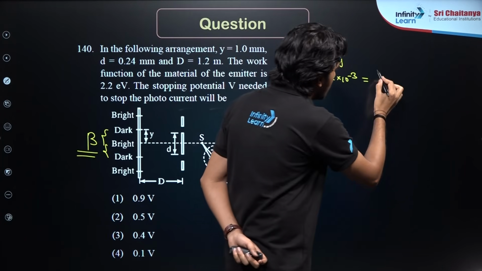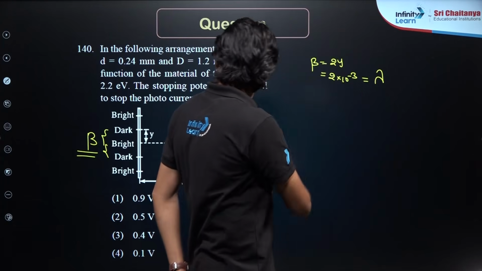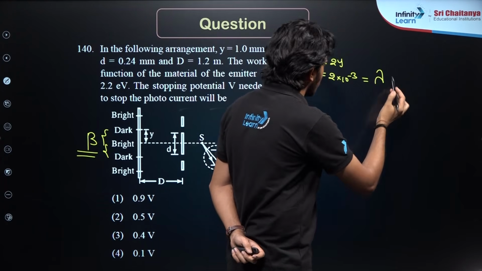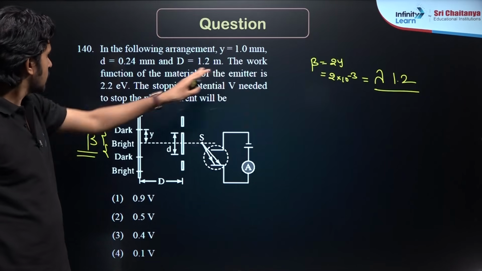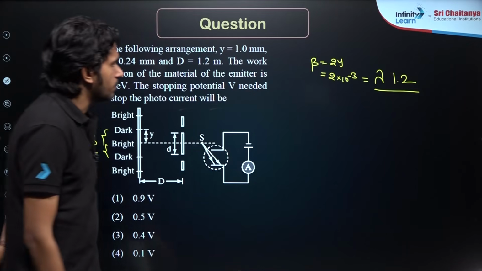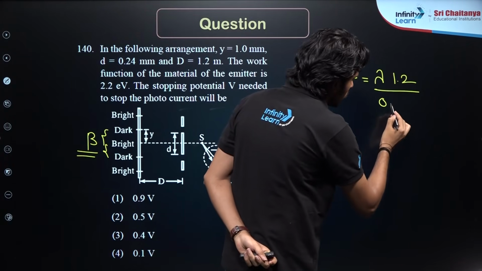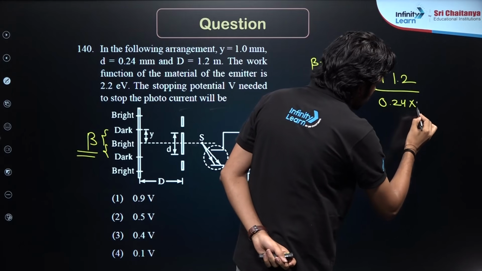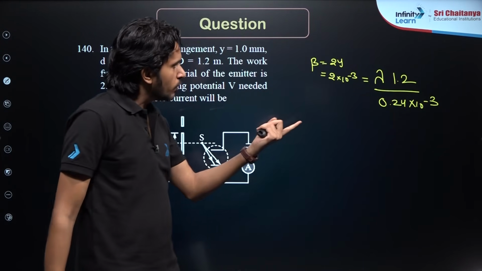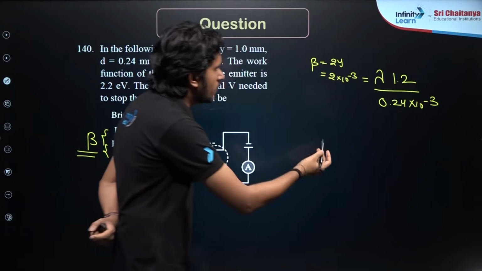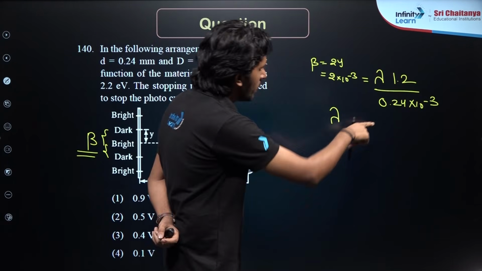Then beta equals lambda D by d. D is the distance 1.2 meter, and d is the distance 0.24 mm, which is 0.24 into 10 raised to minus 3. So what will we get from here? We will get the value of lambda.